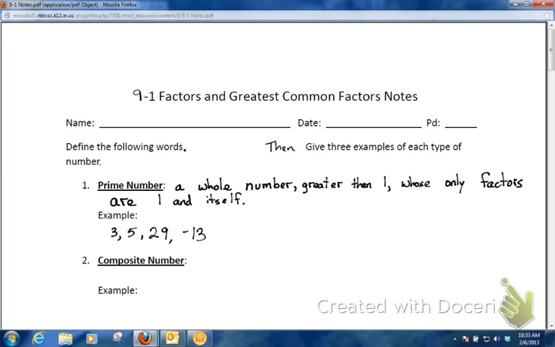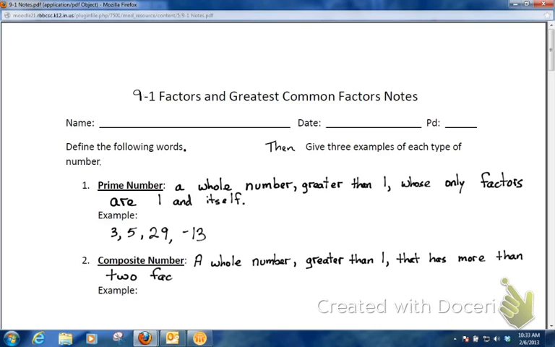Now, composite numbers, on the other hand, are whole numbers greater than 1 that have more than 2 factors. So just the opposite of what a prime number is. A composite number has more than 2 factors. Some examples of this would be 4.